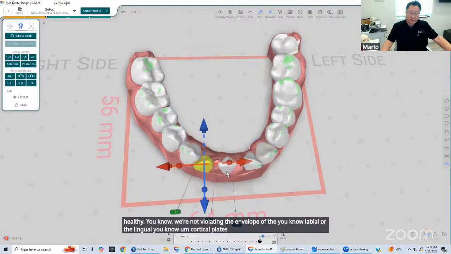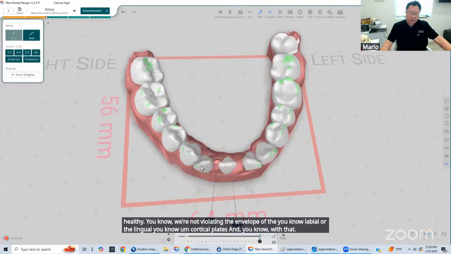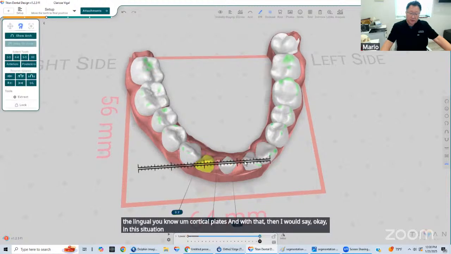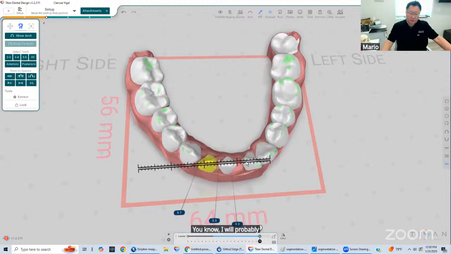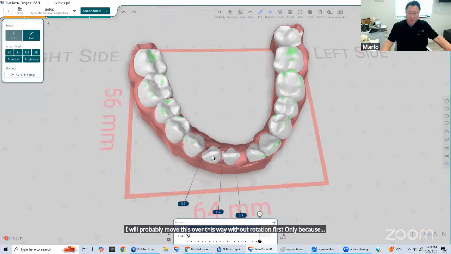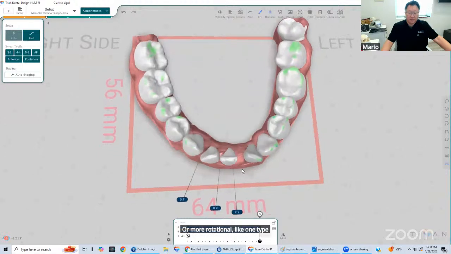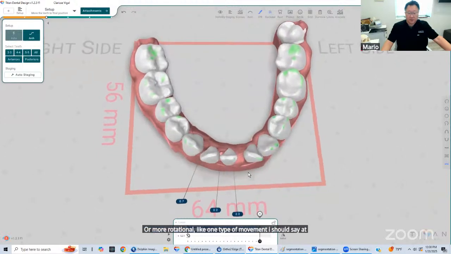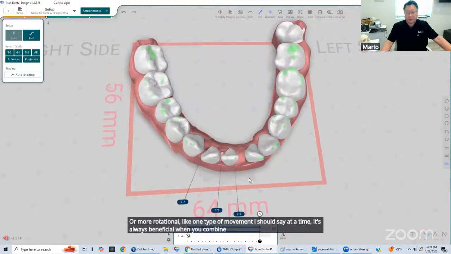And with that, I would say, okay, in this situation, I will probably move this over this way without rotation first, only because one type of movement at a time, more linear or more rotational, is always beneficial. When you combine rotations with tipping, turning and linear movement, it becomes a little bit more difficult.